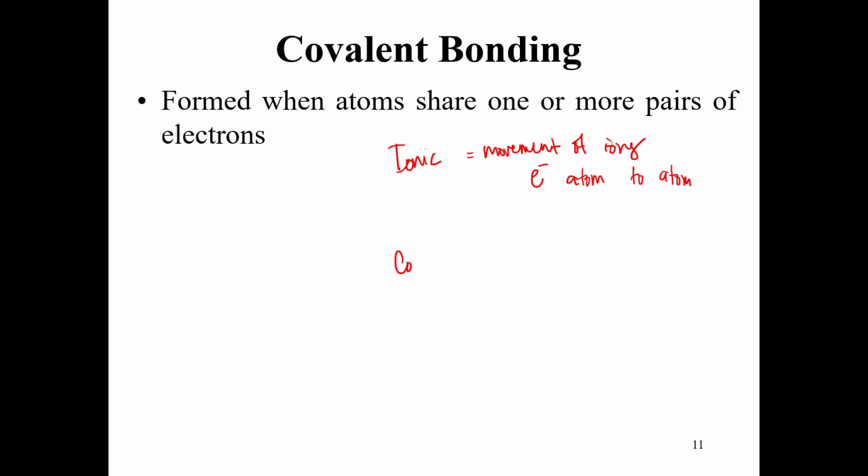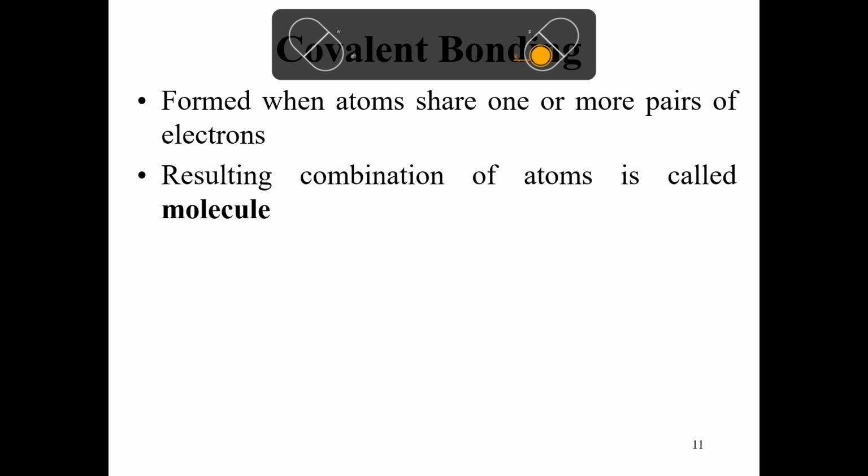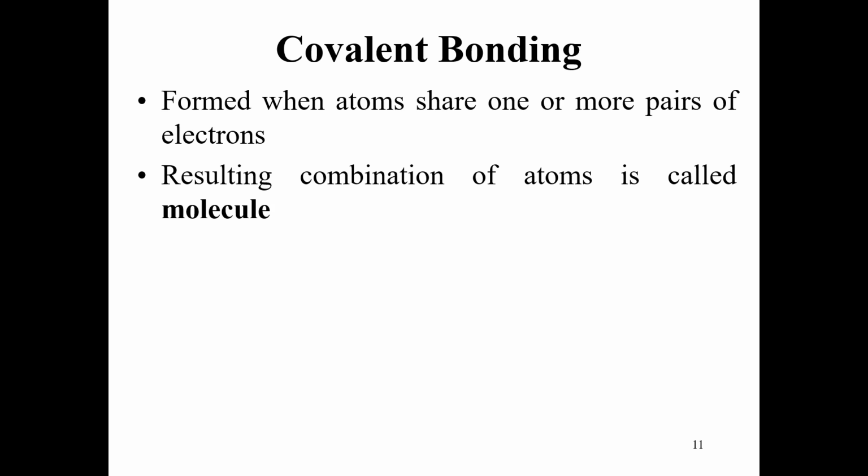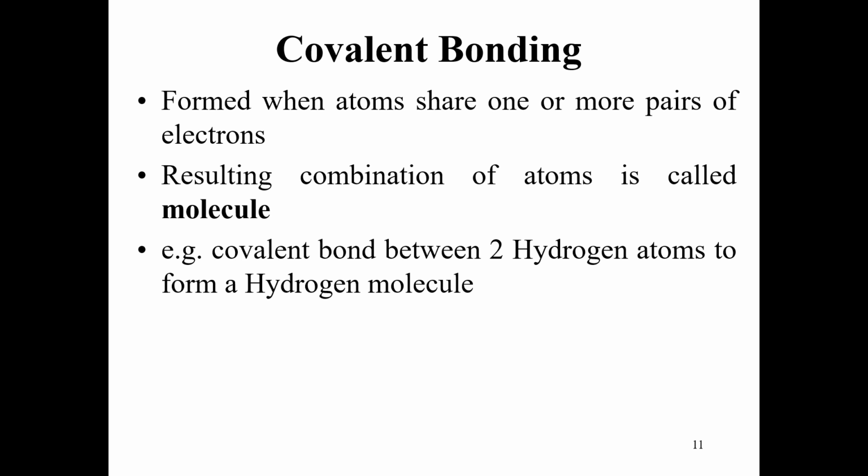While for covalent, they share electrons, meaning they put their electrons together to form the bond. The resulting combination of atoms is called a molecule. A molecule is any compound that has more than one atom.